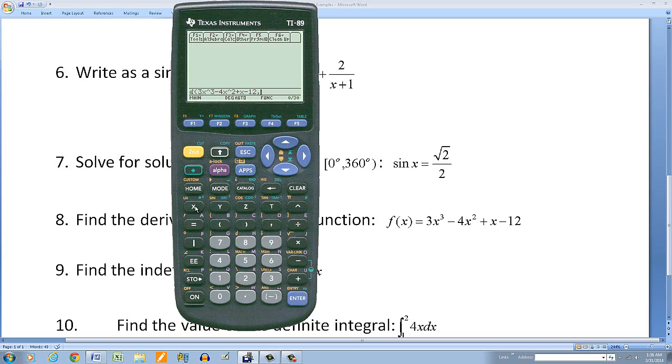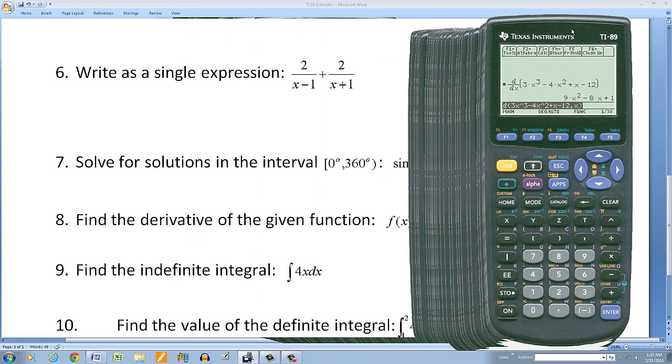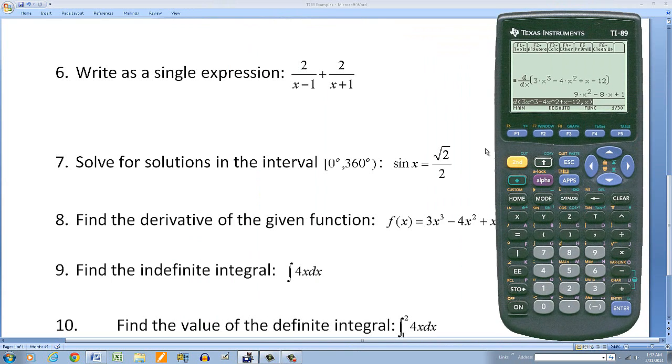Comma, x, close parentheses, hit enter, and the derivative of this function then is 9x squared minus 8x plus 1. Okay. So you can take the derivative or differentiate a function using this calculator.